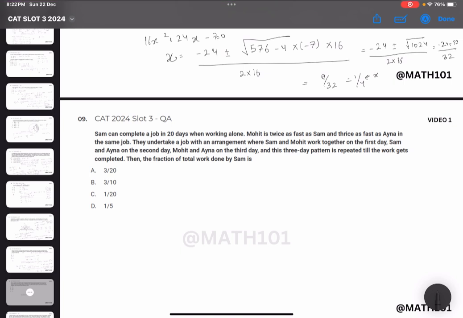So let the work done be x. Sam does x upon 20 work in 1 day. Mohit is twice as fast as Sam, so he does x upon 10. And Aina is one third as fast as Mohit, so Aina does x upon 30.